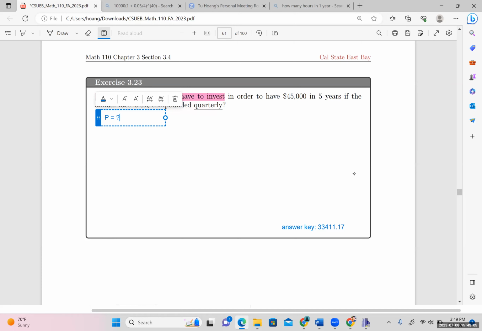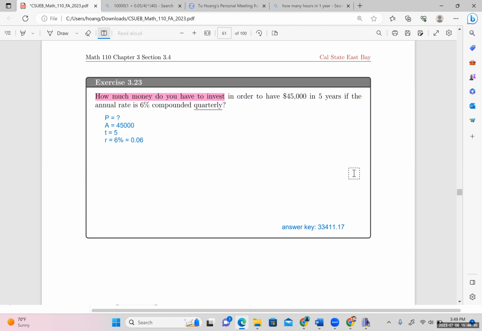And we are given A was 45,000 there, right? 45,000. T equal to 5 years, okay? All right, what about rate? Okay, R equal to 6%. In decimal it's going to be 0.06.